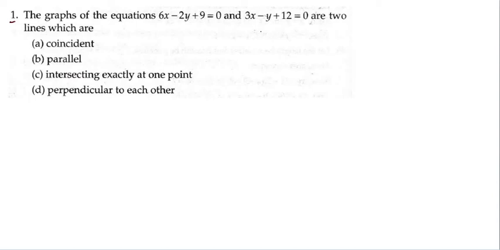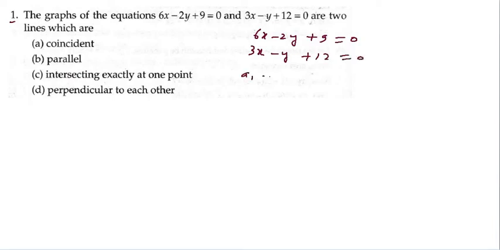How? The equation is 6x minus 2y plus 9 equal to 0 and here is 3x minus y plus 12 equal to 0.